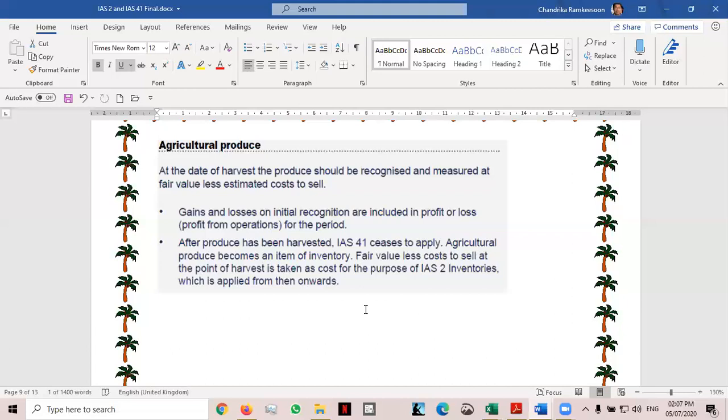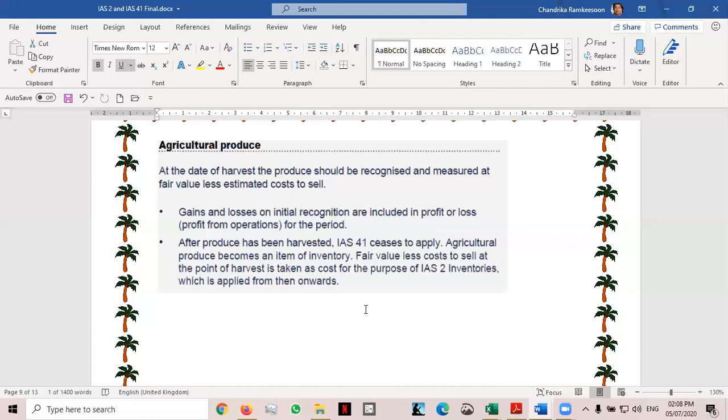After produce has been harvested, IAS 41 ceases to apply. Agricultural produce now becomes inventory. Fair value less cost to sell at the point of harvest is taken as the cost for the purpose of IAS 2. In other words, this point of harvest is so strict, and that's why I keep emphasizing it, and that's why the standard emphasizes it as well.